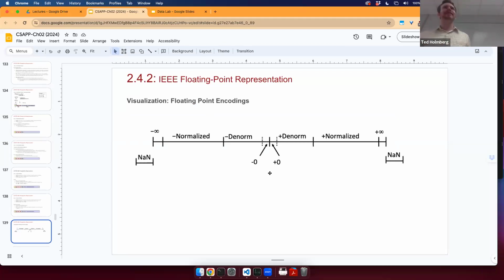It just lets us know what direction we're approaching 0 from, right? So think of it almost as limits in calculus. Those numbers that are approaching 0, very close to 0, are going to represent our denormalized form. That's where our exponent field is all zeros.